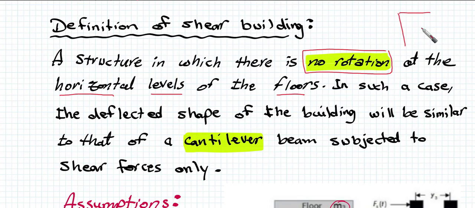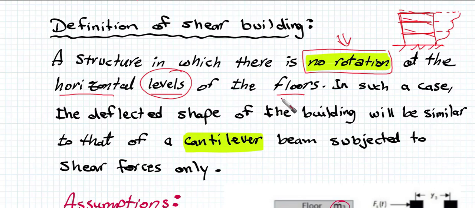So if we have a structure, something like this, and we have floors, as you can see, we are not expecting the floor girders to do something like this. It's not expected. We are expecting only that the floors are going to be displaced horizontally. This is what we are expecting from the structure. So there is no rotation at the horizontal levels of the floors.